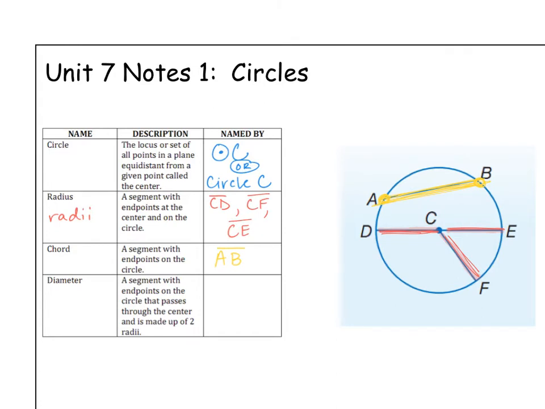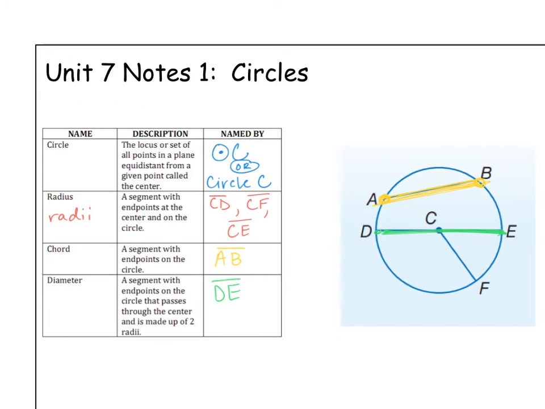Now, technically, segment DE is also a chord, but that's kind of a special chord because it also goes through the center. It goes from one side of the circle to the other, so it is a chord, but it's also known as a diameter because it goes all the way across the circle and goes through the center point.